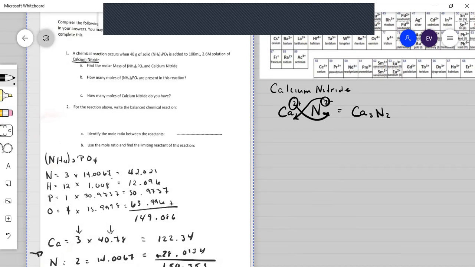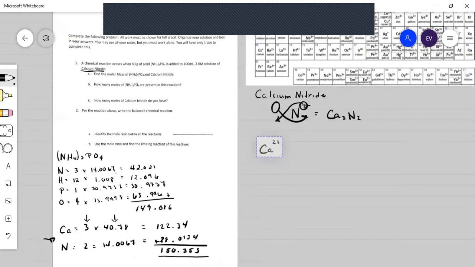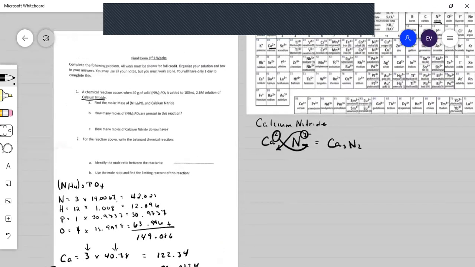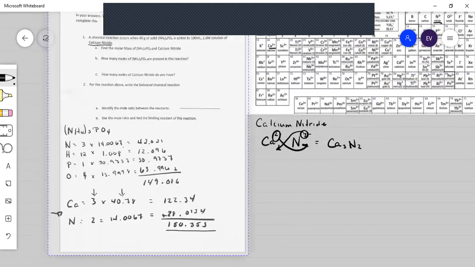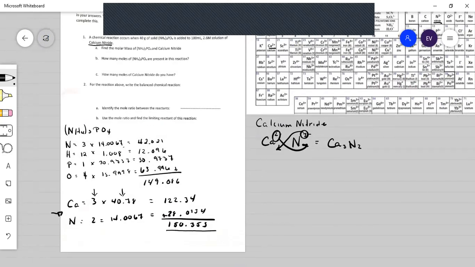The next question is asking how many moles of ammonium phosphate are present in this compound. So now we've got to calculate moles.